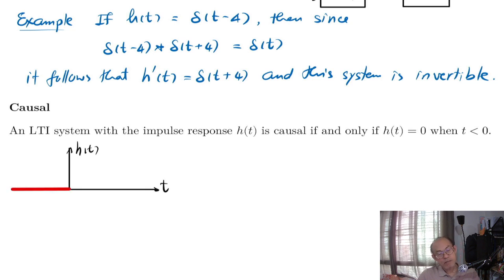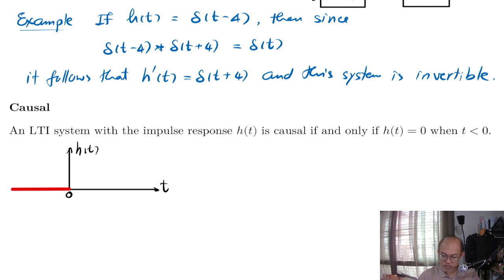Now you don't care about the positive time, as long as the negative time results in 0 impulse response, the system will be causal. To determine whether the system is causal or not, just look at the negative time. During the negative time, h has to be 0 for the system to be causal. You just ignore the positive time. Positive time can be whatever. We focus only on the negative time to determine causality of a system.